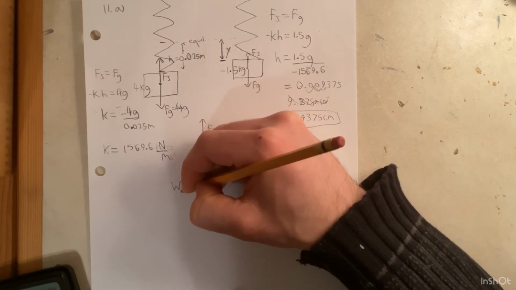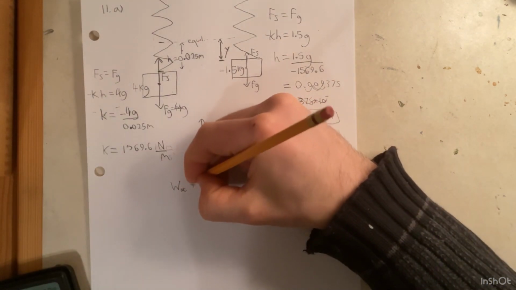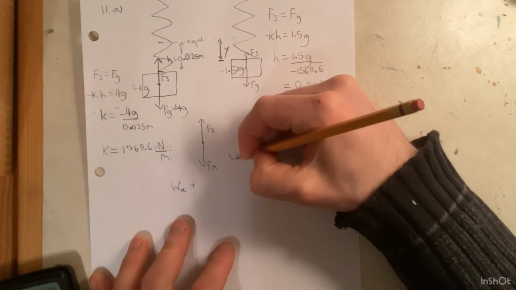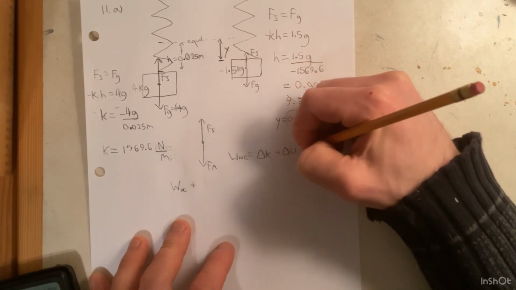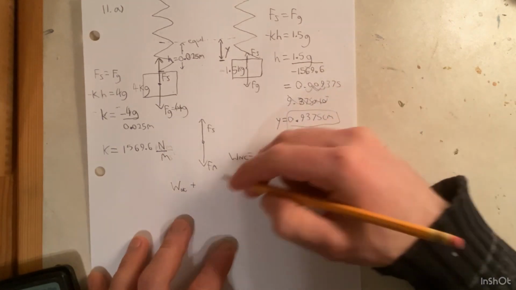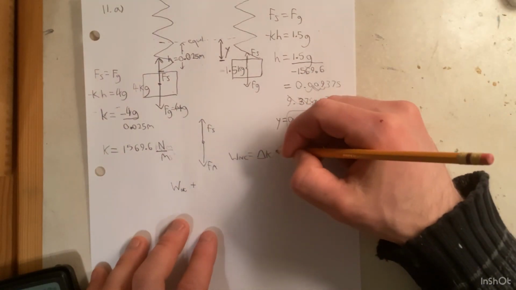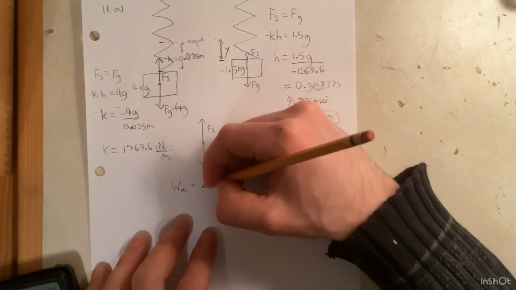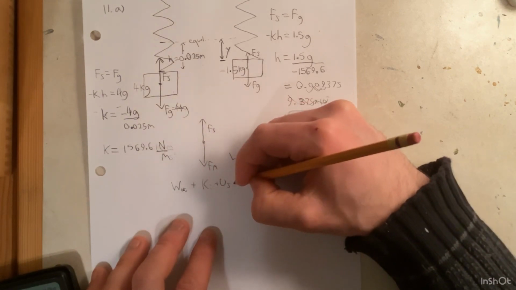The work of the non-conservative, external force equals delta K plus delta U. Or sometimes I like to just jump right to this. We'd have the initial kinetic energy, initial spring force, initial height.